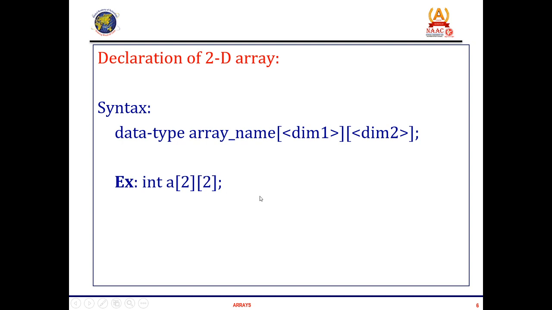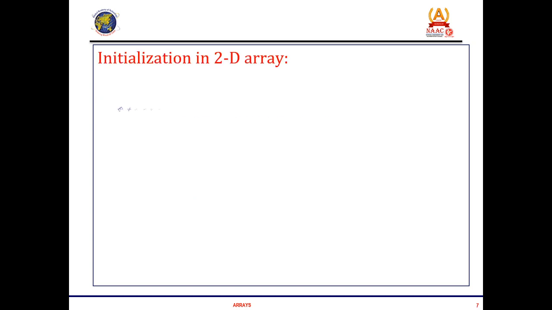Now, we have also seen in the case of a single dimensional array, C allows you to initialize the elements of an array. Similarly, C also allows the programmer to initialize the elements of a two-dimensional array. Something like this.